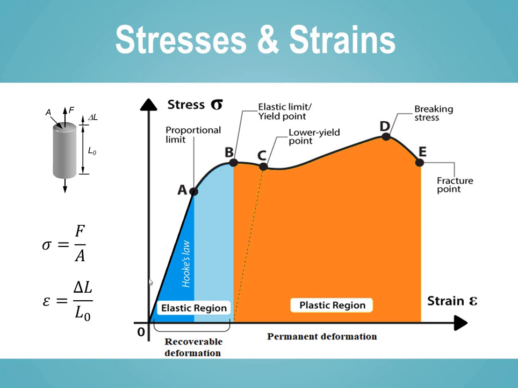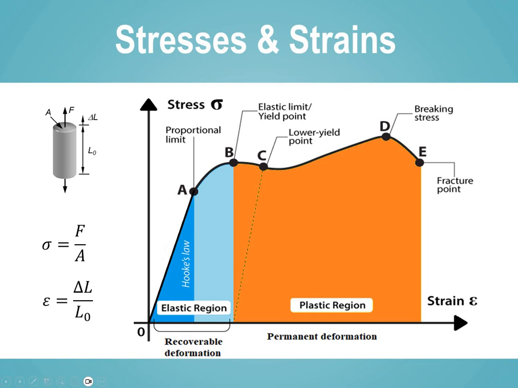For example, in the first instance, we load and we can unload to recover completely the deformations, and we have a linear relationship between the stresses and strain, made by this straight line from the origin of the coordinate system sigma and epsilon with a certain inclination. And this is what we know as the Hooke law.